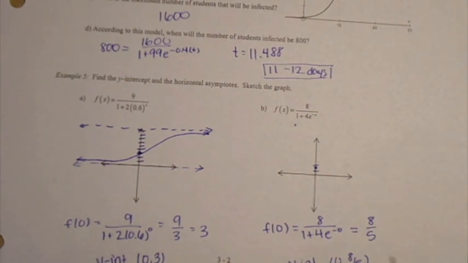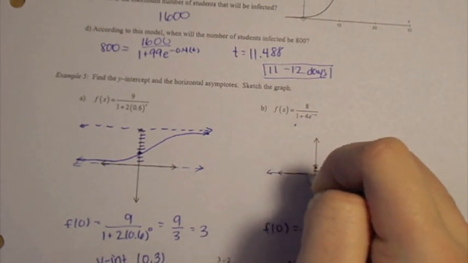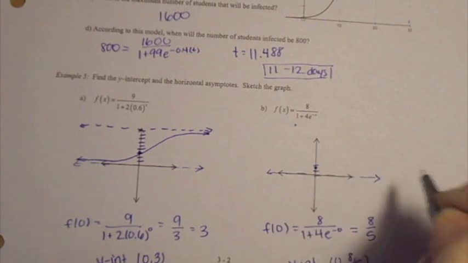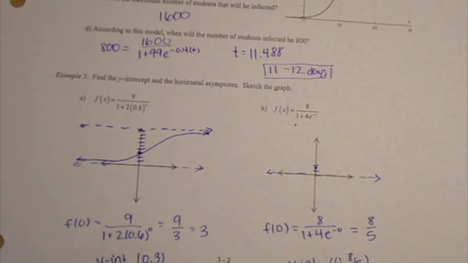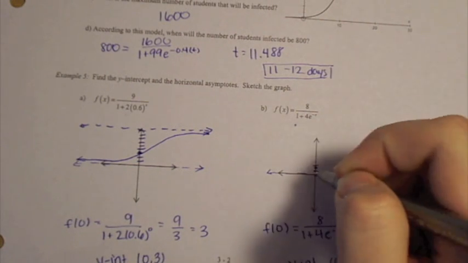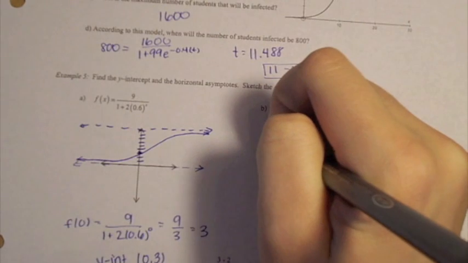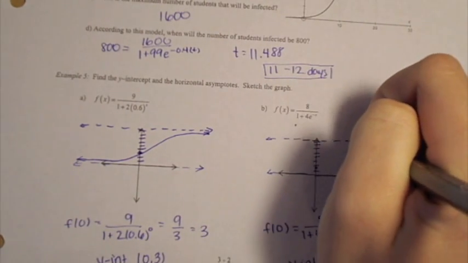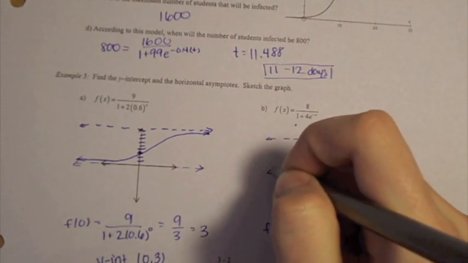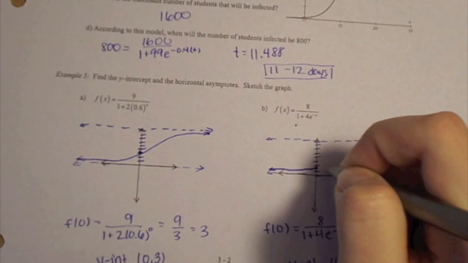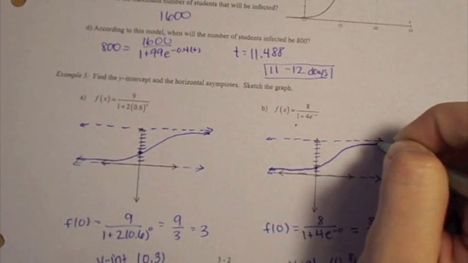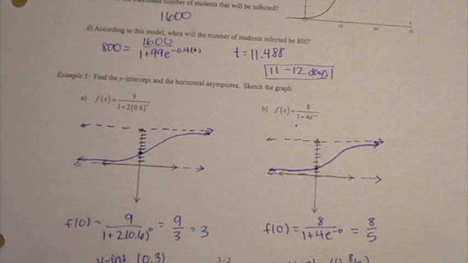Now we know we have a horizontal asymptote y equals 0. And we know we also have another horizontal asymptote at y equals 8, up here. And it again will start like an exponential function and then level off as it approaches that second horizontal asymptote. And that is it for this lesson.